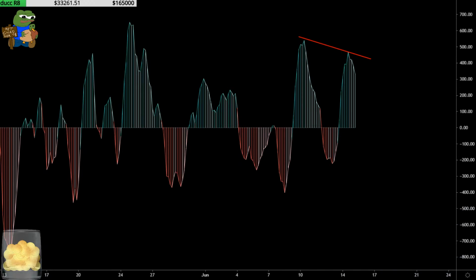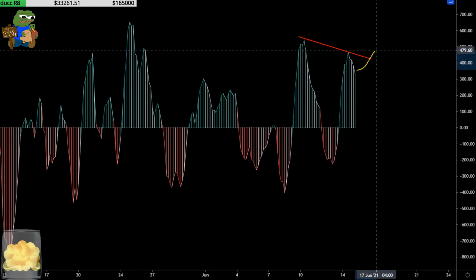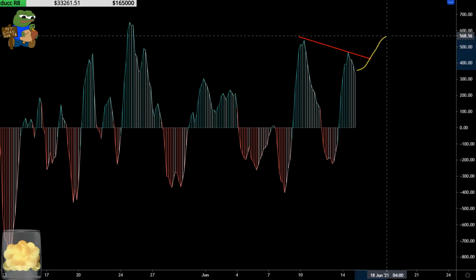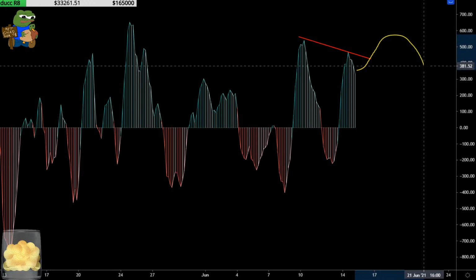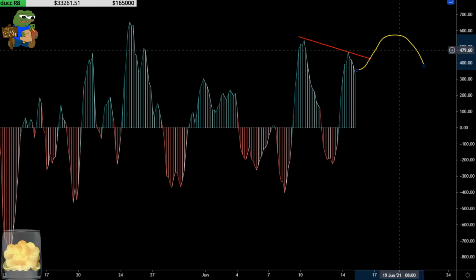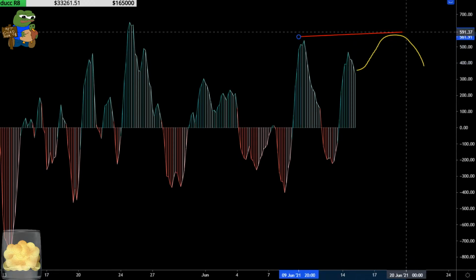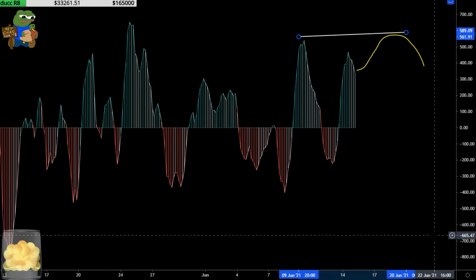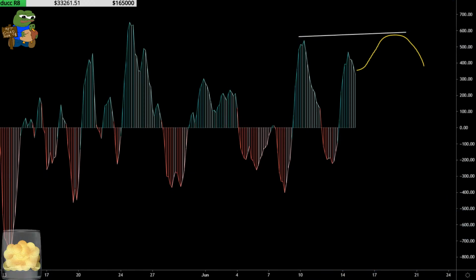So in order to invalidate this, you need to continue price to rally, and you need to really just sweep all this, okay? And you need to then turn this bearish divergence into some bullish convergence to the upside, okay?